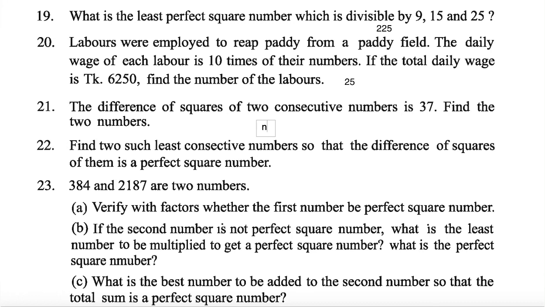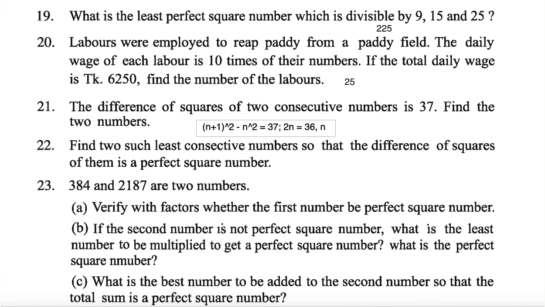The difference of squares means (n plus 1) whole squared minus n squared equals 37. Now n squared plus 2n plus 1 minus n squared, that is 2n plus 1 equal to 37, or 2n equal to 36.